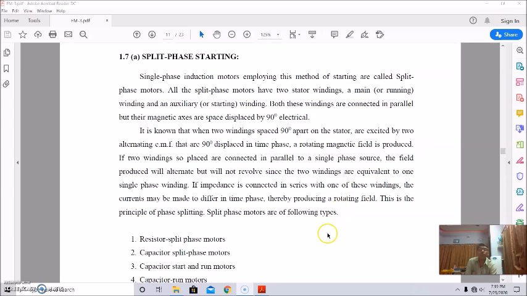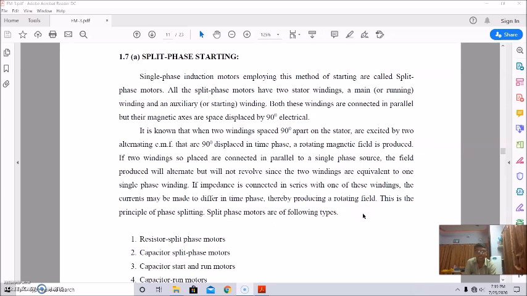If two windings so placed are connected in parallel to a single phase source, the field produced will alternate but will not revolve, since the two windings are equivalent to one single phase winding. So if impedance is connected in series with one of these windings, the currents may be made to differ in time phase, thereby producing a rotating field.